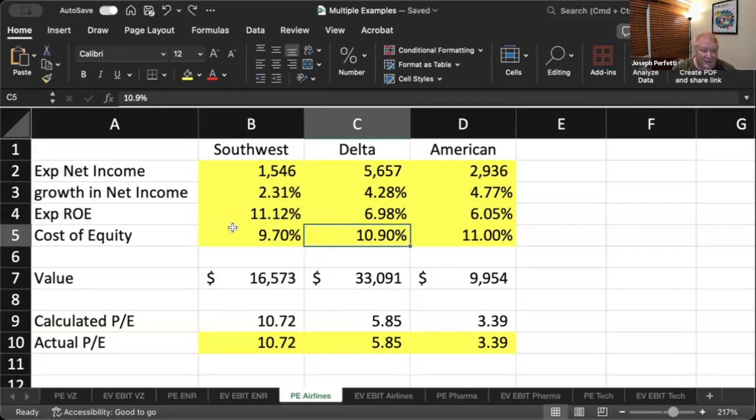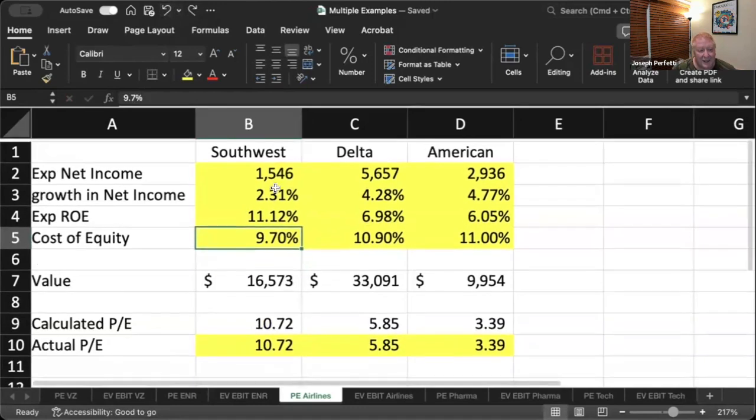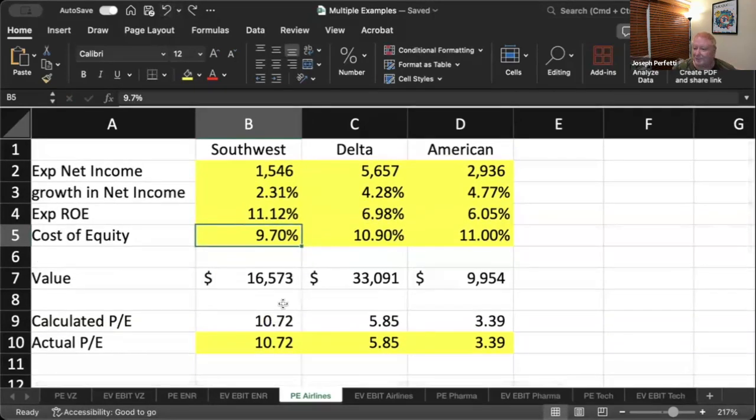Because if they had the same cost of equity, Southwest PE would be 9. But because Southwest has a lower cost of equity, Southwest PE is 10.72. So there are 3 reasons why Southwest is trading at a premium to Delta.